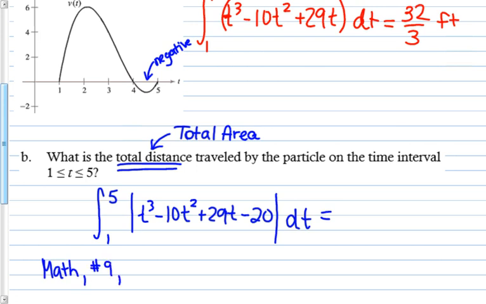But then you have to go back to math and move over to number, I believe, 1, and it says ABS, which just stands for absolute value. Then you plug it in, and you should get this. And that's how much the particle actually traveled.